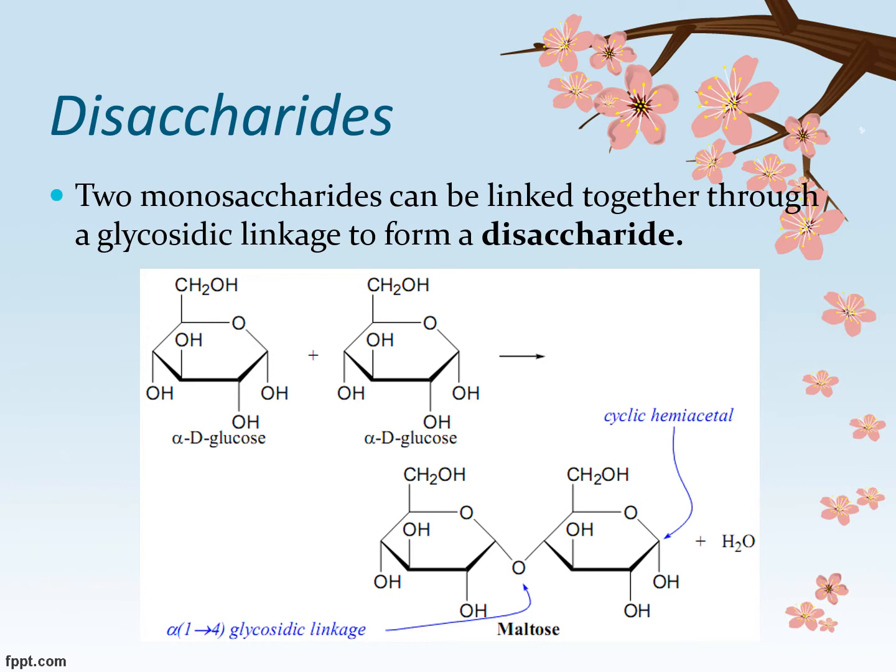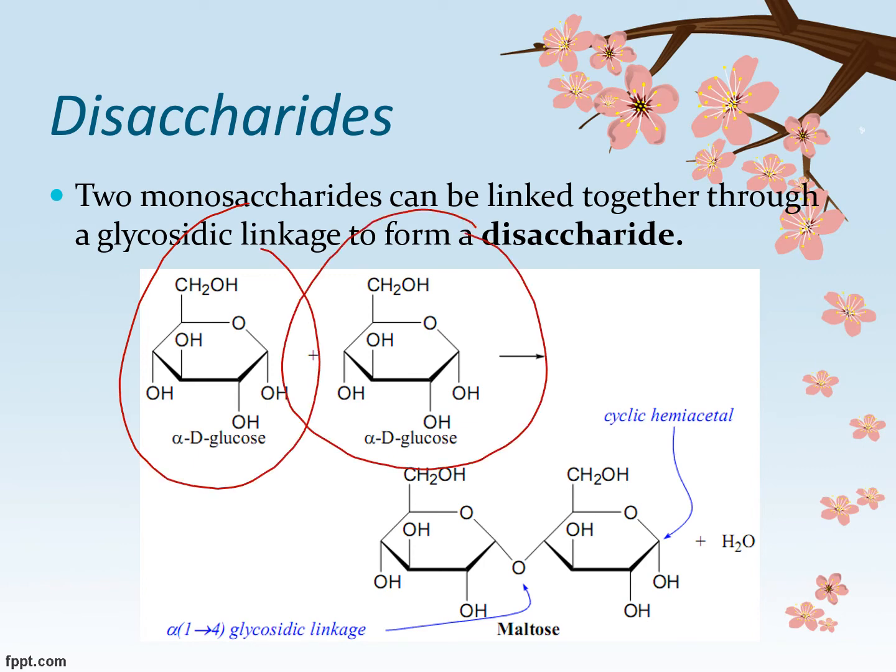To be specific, if we look at the monosaccharide glucose with another glucose, in this case alpha-D, it will form maltose. The glycosidic bond is between carbon 1 from one of the glucoses and carbon 4 from the other glucose. That's why it's an alpha 1 to 4 glycosidic linkage.